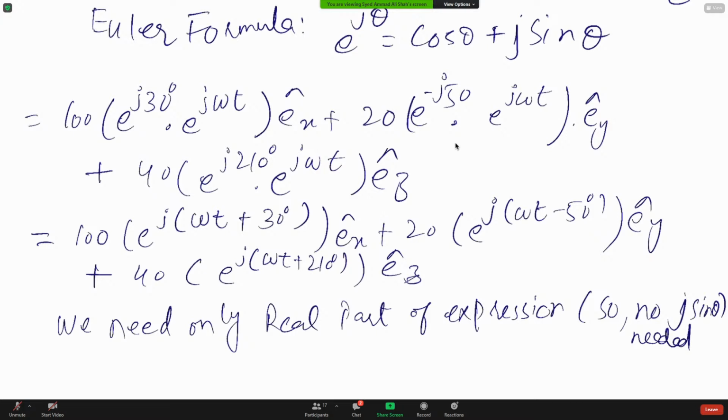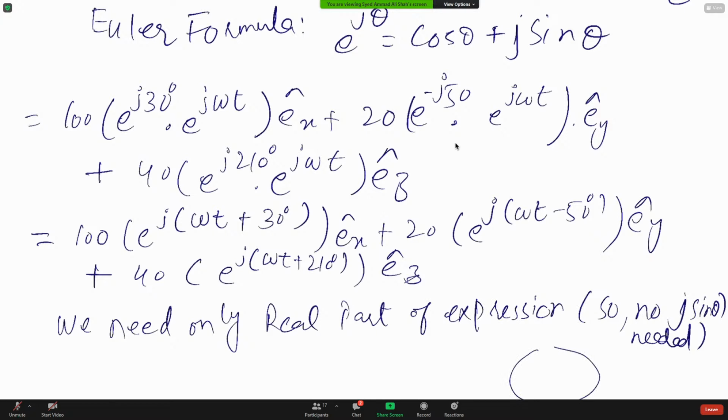Why do we only need the real part of the expression? Let me know if you understand, otherwise I'll draw it. When you have e raised to power j theta, your equation has the real part along the horizontal axis, and the vertical axis is your j sine theta part, and the whole equation is real part plus imaginary part, and then you find something in the circle.